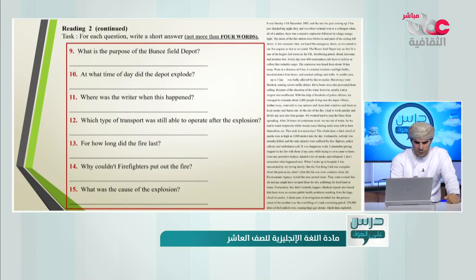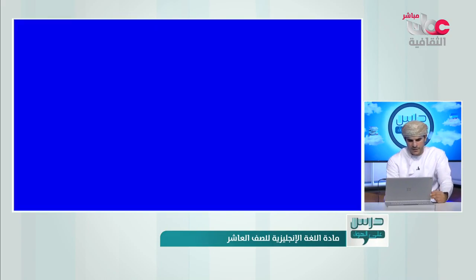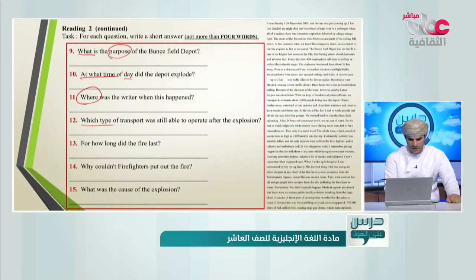You will focus on what is the purpose, at what time of the day, night or morning, where was the writer when this happened, asking about the place, which type of transport was still able to operate after the explosion.